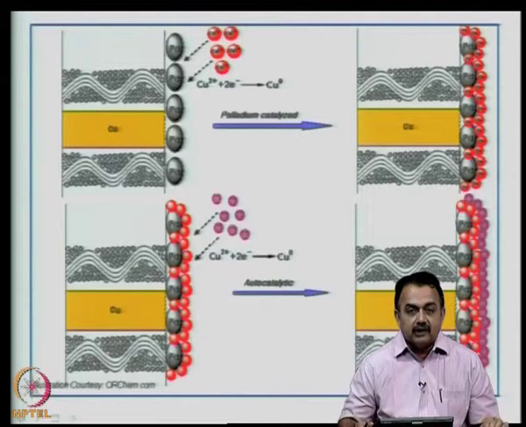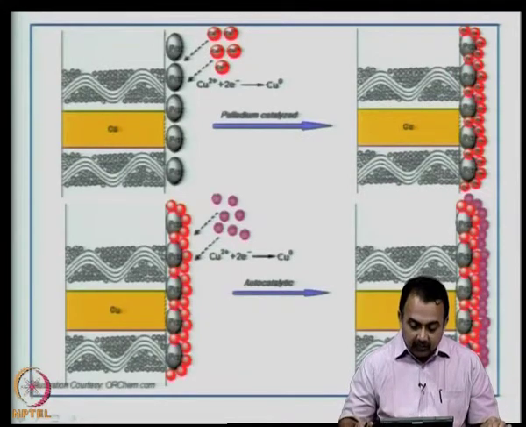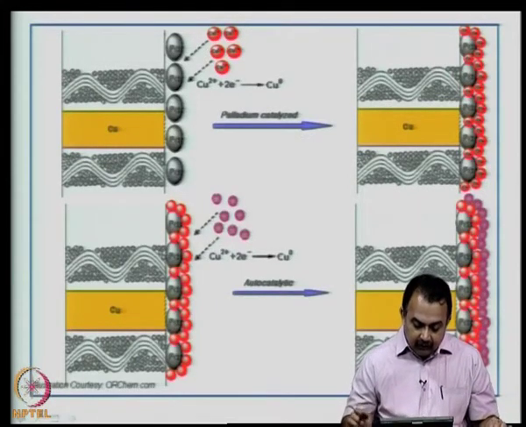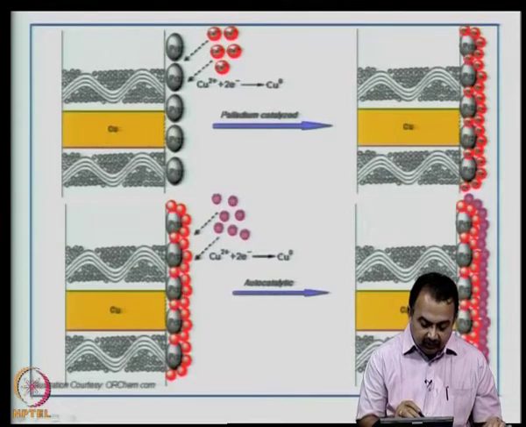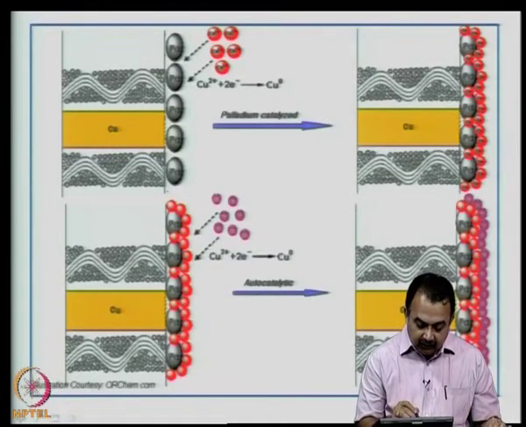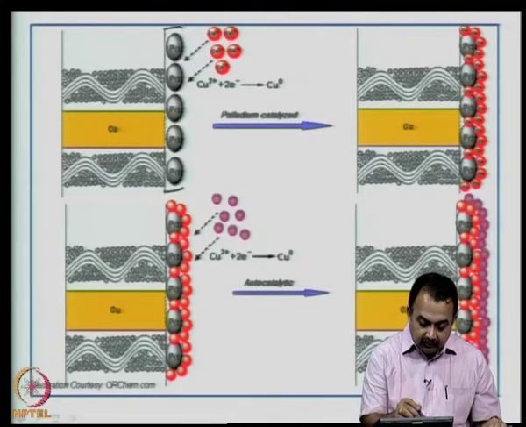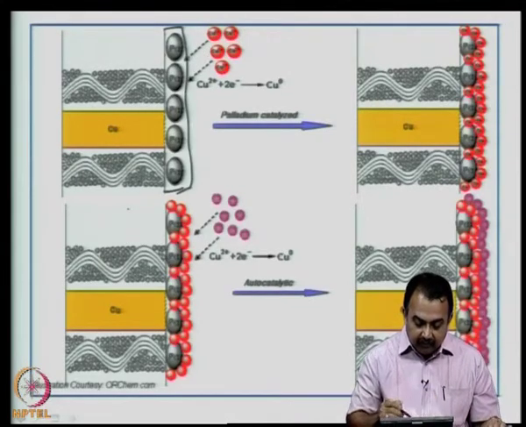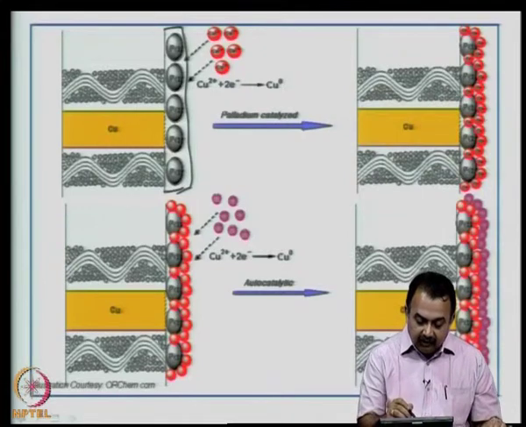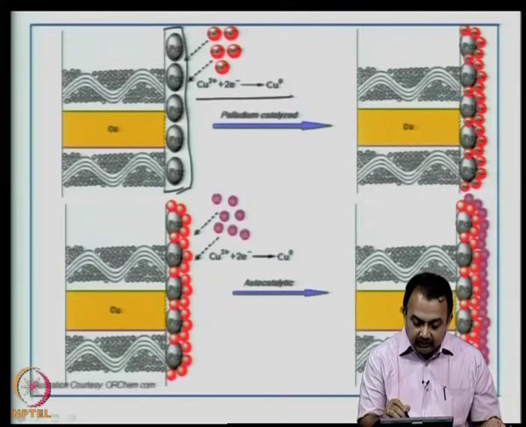If you look at this diagram, which will give you more clarity, here you can see the cross section of copper and the dielectric, and then you can see that the palladium is coated here from the colloidal palladium solution. Then you have what is known as the copper solution.